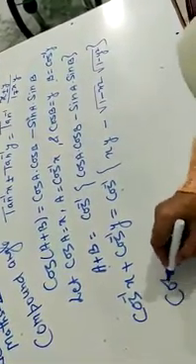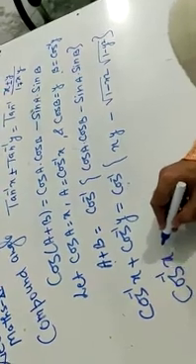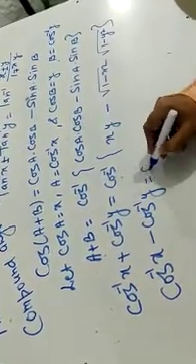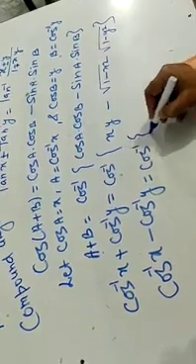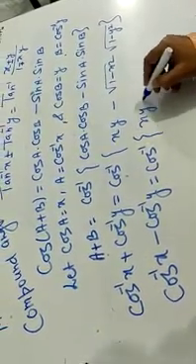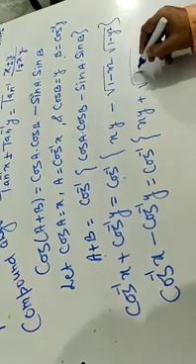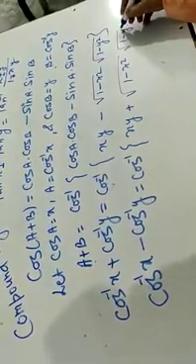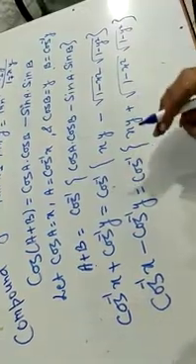Similarly, you can prove cos inverse x minus cos inverse y equals cos inverse of xy plus under root 1 minus x square into 1 minus y square. Now you have proved tan, cos and sine.